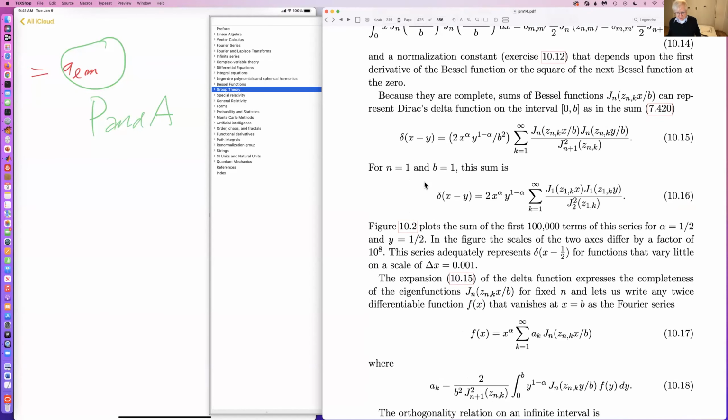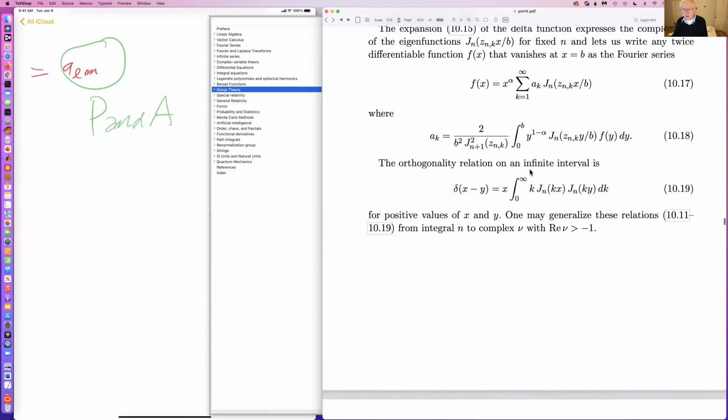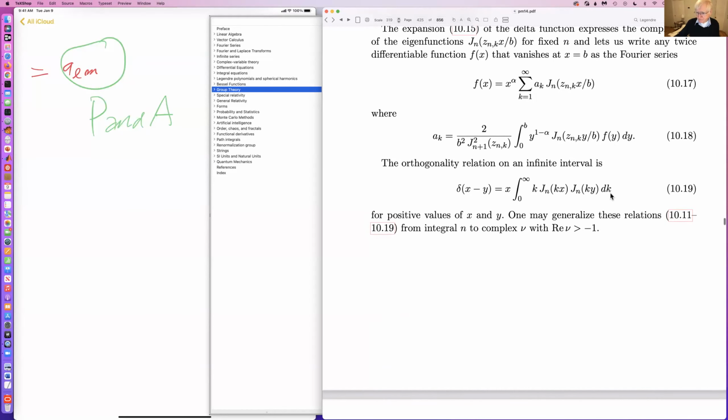So then the question is, what if you want to go to, say, an infinite interval? And in that case, you still have the weight function out here. I just took it to the power 1. But what you've got as your delta function then is an integral of Jn of kx, Jn of ky, and now you integrate over the eigenvalues.